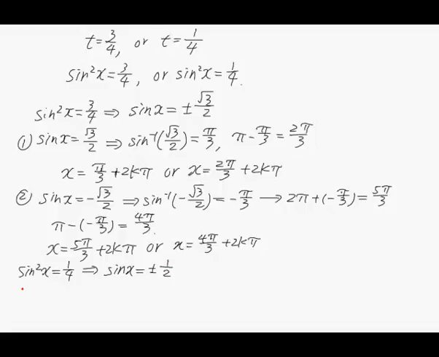So now let's look at case 3, when sine x is equal to positive 1/2, and let's first find one special solution to this equation. We have sine inverse of 1/2 equal to pi over 6, right? And then we can find another special solution to this equation. How to find another special solution?